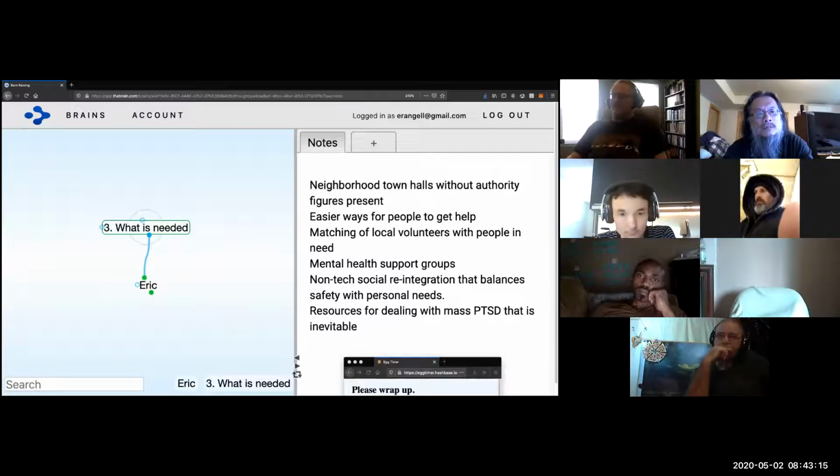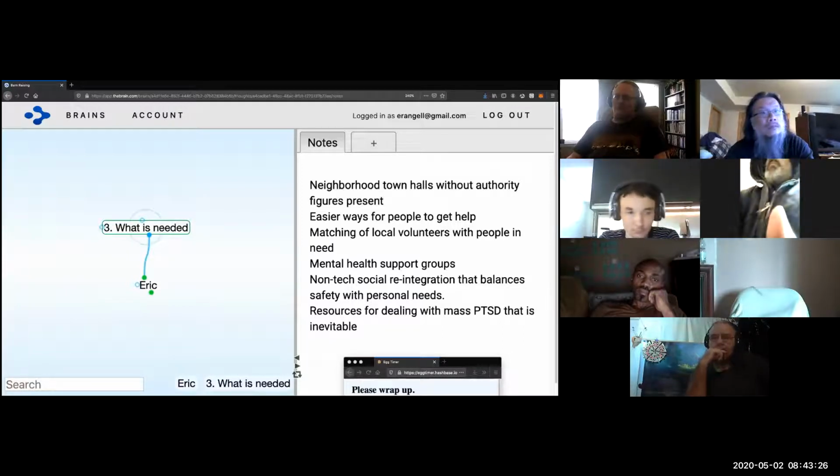There have to be easier ways for people to get help, matching of local volunteers with people in need. Mental health is going to be a very big issue. There should be more support groups, and non-technical social reintegration that balances safety with personal needs. Okay.